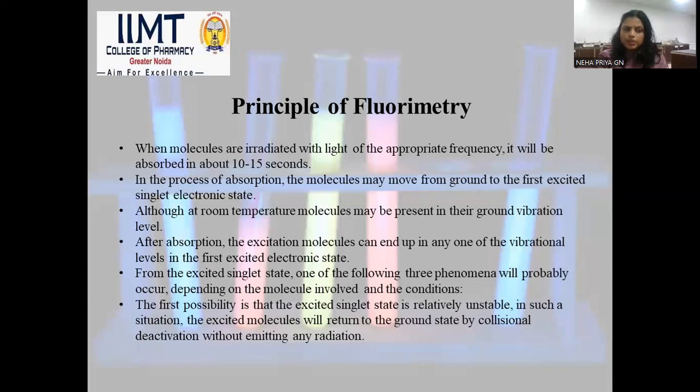The variation between these two wavelengths is known as Stokes shift. In fluorimetry, what we do is examine the amount of radiation exhibited by the atom. We put our sample into the fluorimeter, and we get the fluorescence given by that molecule, and it helps us find the molecules that have better fluorescence.